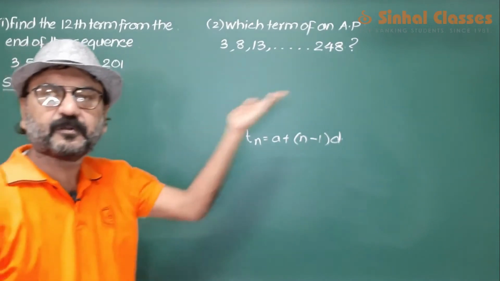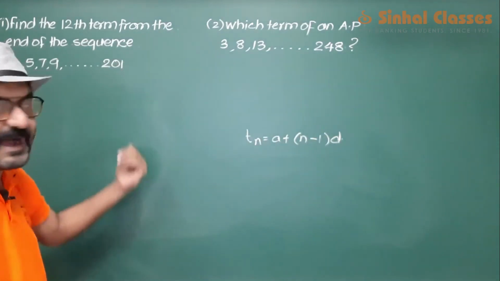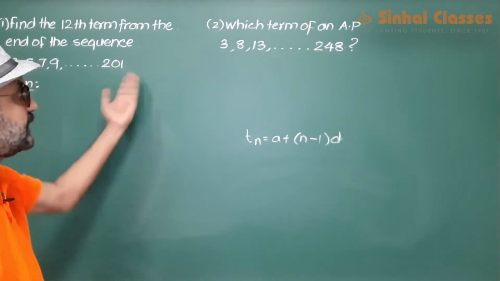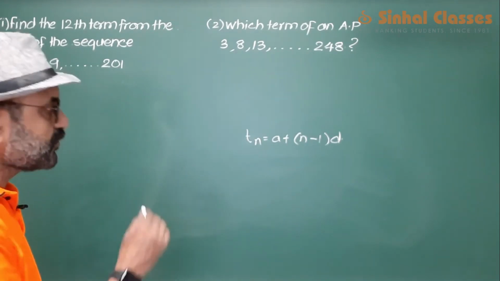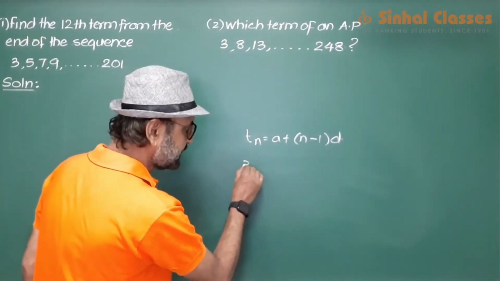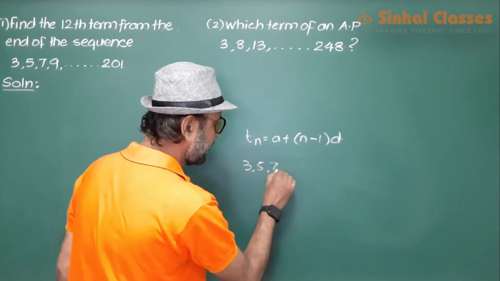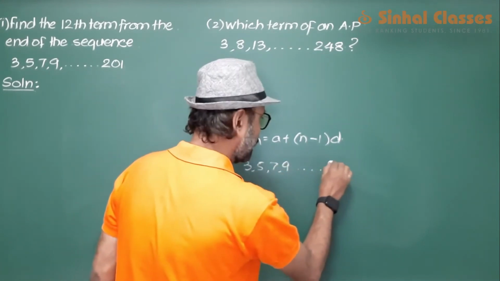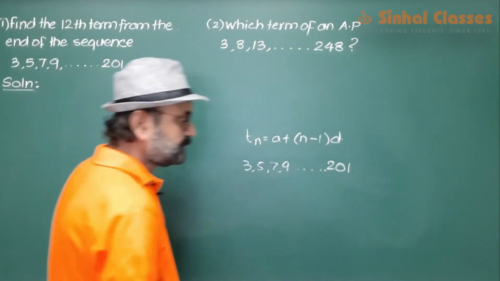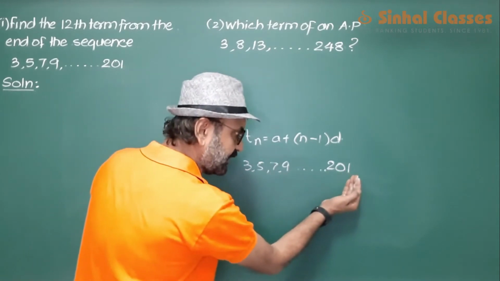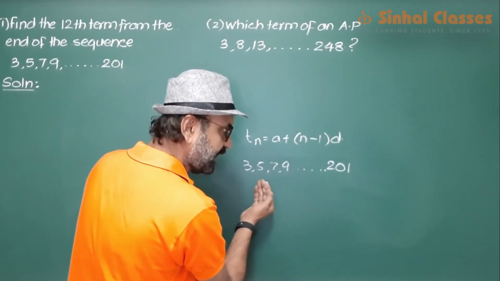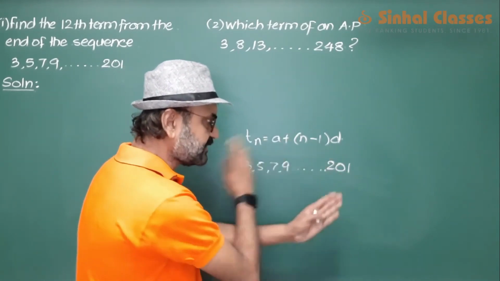We can find any term from the start, but we are asked to find out the 12th term from the end. So what we will do is, suppose I have this AP 3, 5, 7, 9 ... 201. Now I have to find out the 12th term from the end. So what I'll do is, I will reverse this AP.